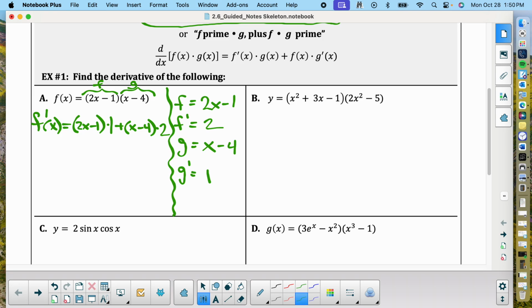And then we need to simplify it. So 2x minus 1 plus 2x minus 8, I would get 4x minus 9.